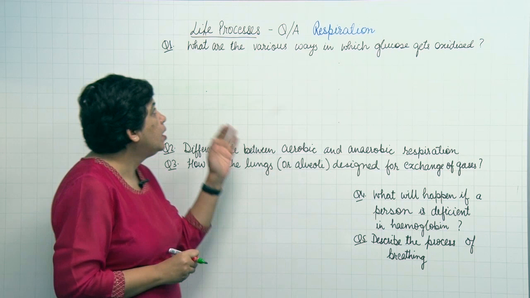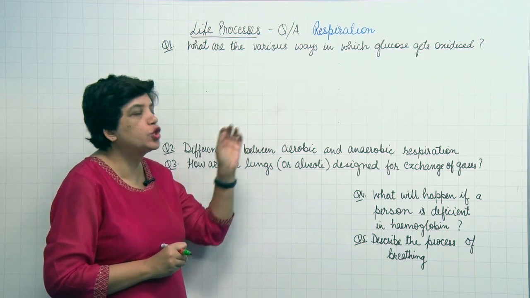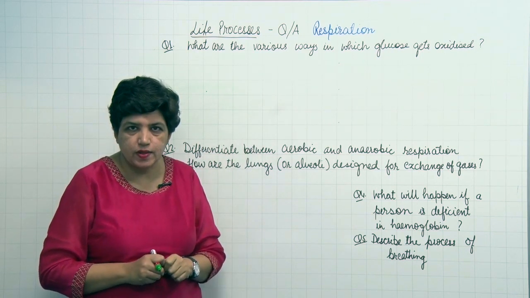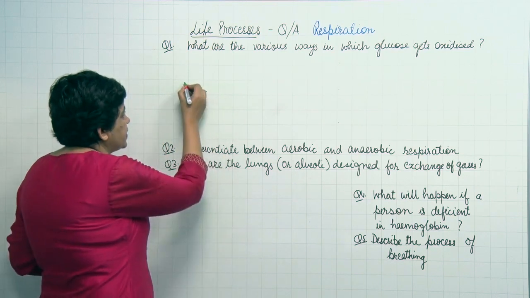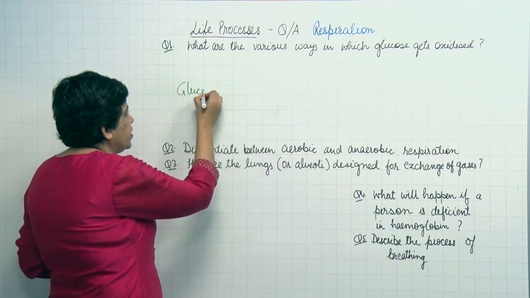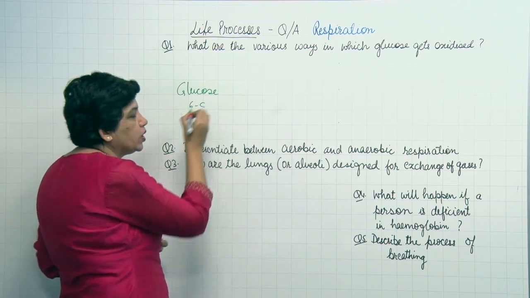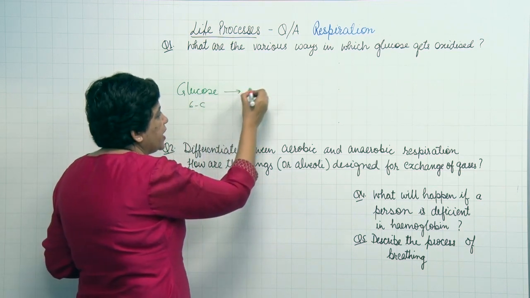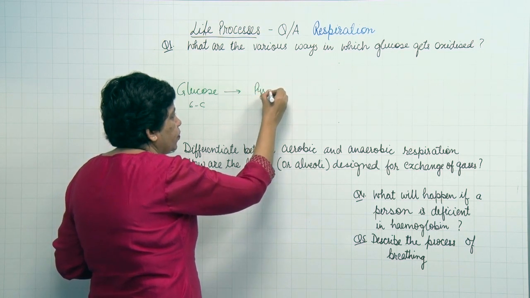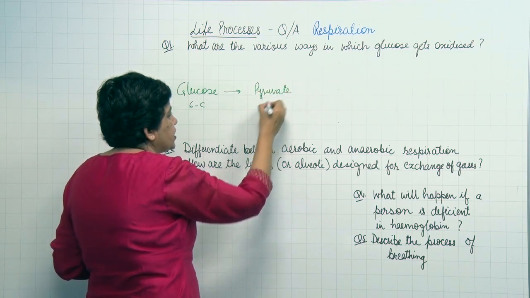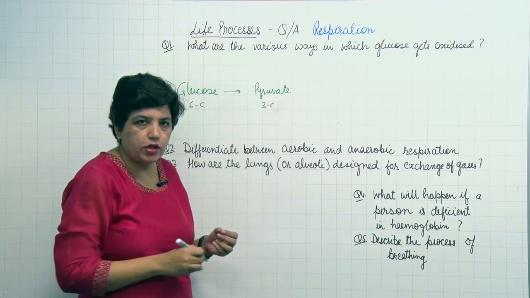Question number 1. What are the various ways in which glucose gets oxidized? I'll tell you the 3 ways. Glucose is a 6-carbon molecule. First of all, it gets broken down into pyruvate, which is a 3-carbon molecule.